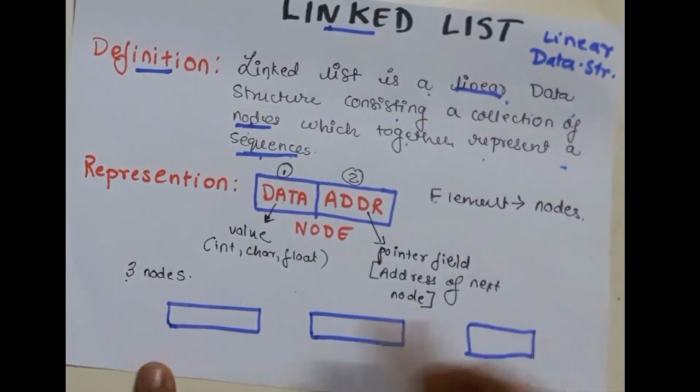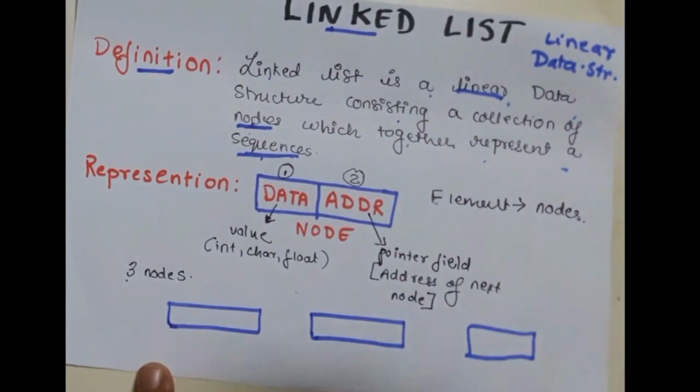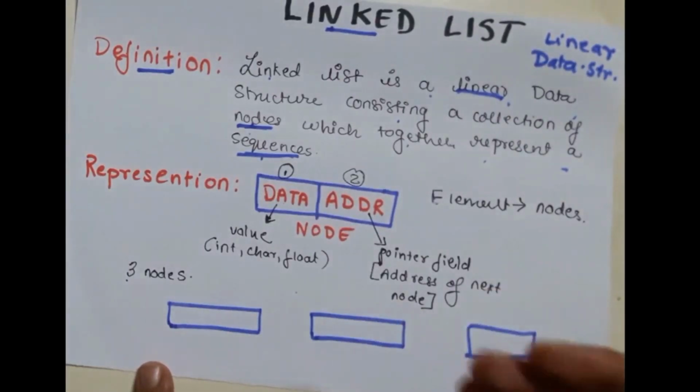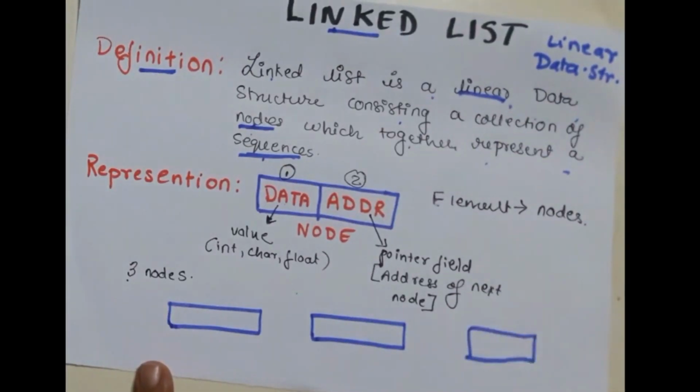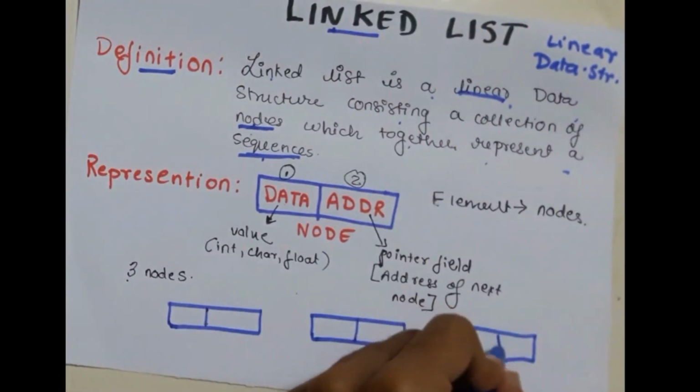And the number of nodes can increase or decrease, that is shrink or grow, as per our demand. If you want some more nodes, then you can increase the number of nodes, and if you want to delete some nodes, then you can delete them as per your need. Okay. So these are three nodes.